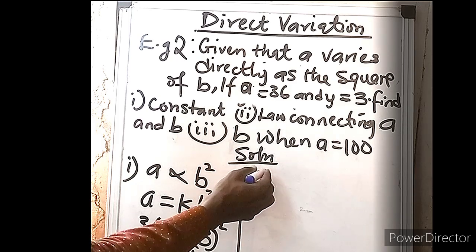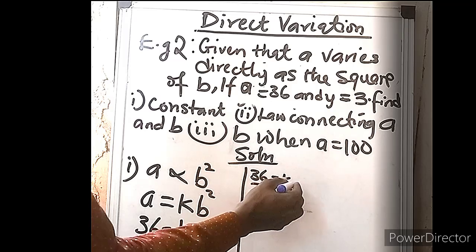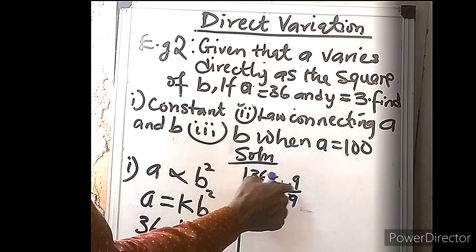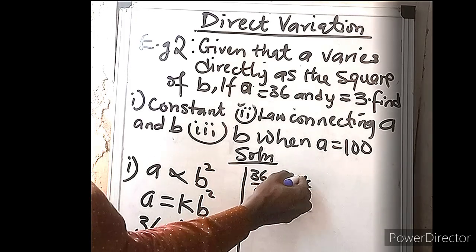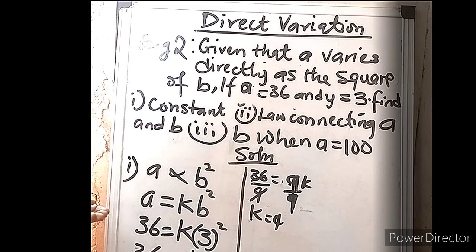This will give us 36 over 9 equals k. 9k over 9, that 9 will cancel 9. We have that k equals 36 divided by 9, which is 4. So our constant value there is 4. It means that the proportional increase on both quantities A and B is 4.